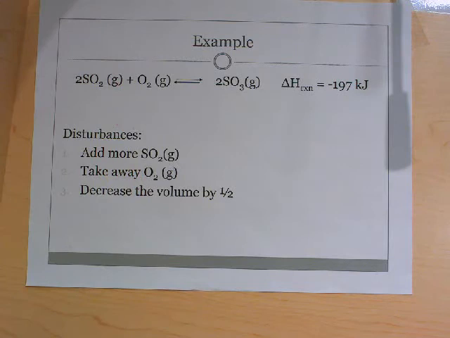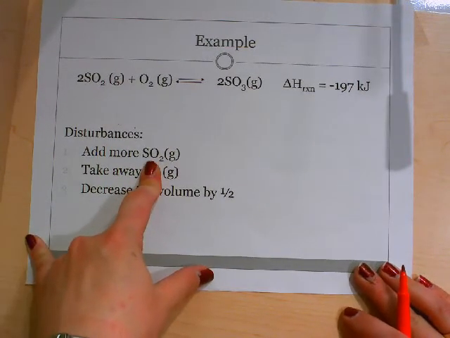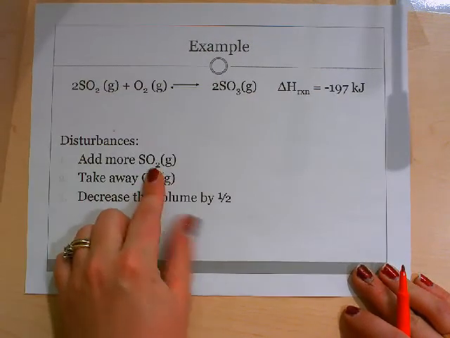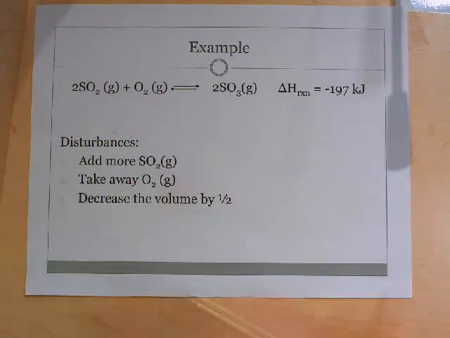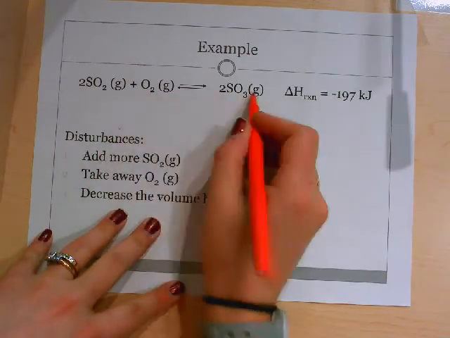All right, so if I add more sulfur dioxide, am I adding more product or more reactant? I'm adding reactant, SO2. So what will the reaction want to do to compensate for me adding more reactant? Yeah, it's going to shift to the right.